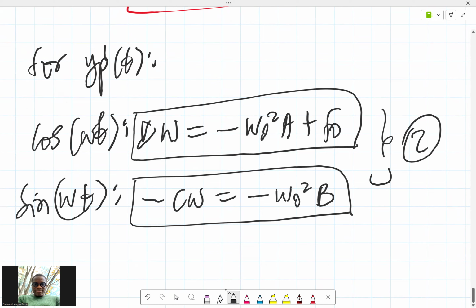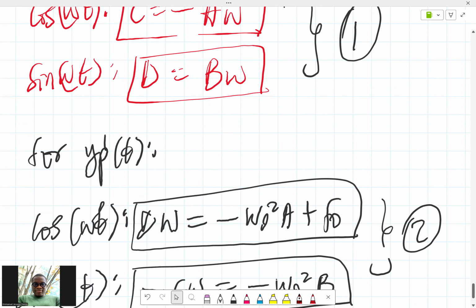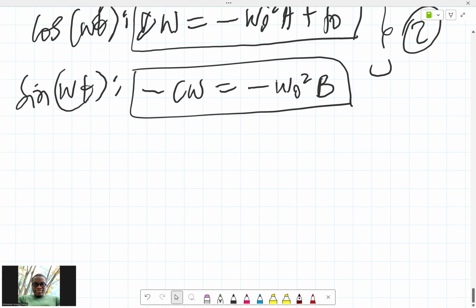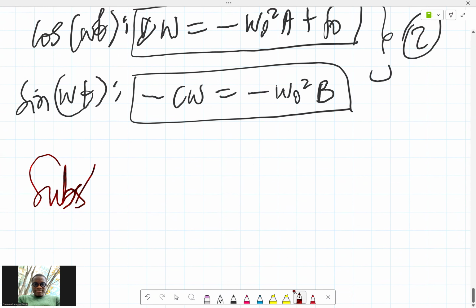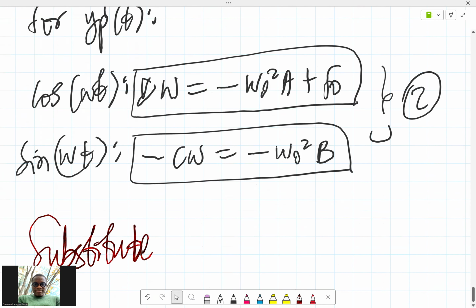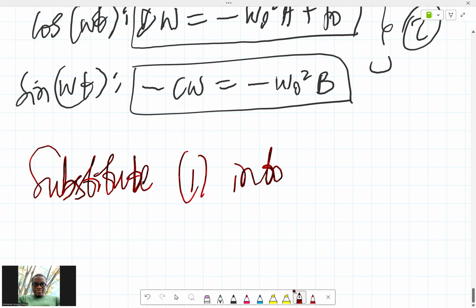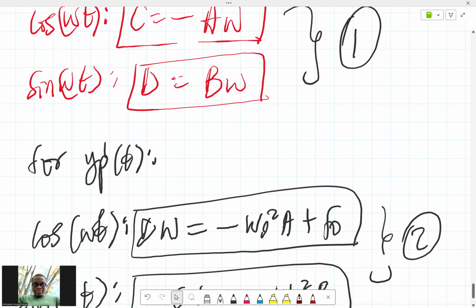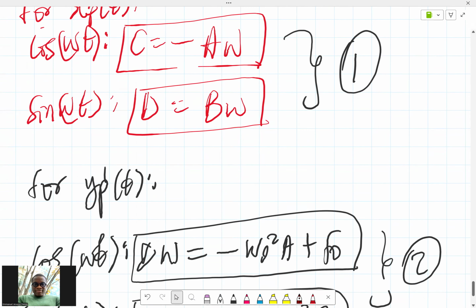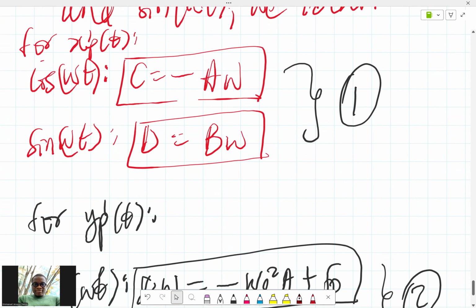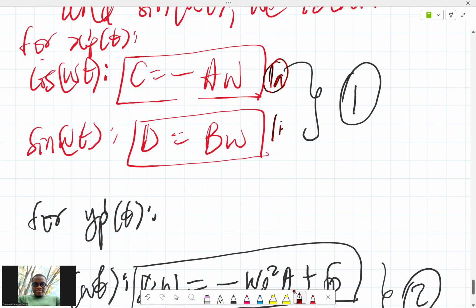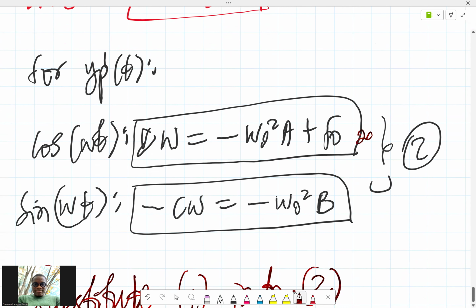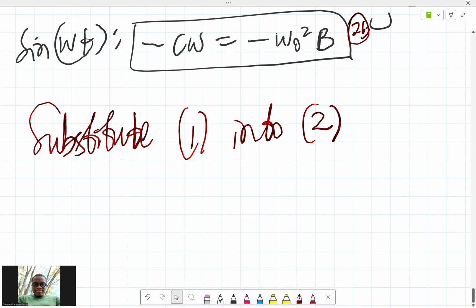So we substitute 1 into 2. Whatever D is here is b omega, so we just bring b omega for D. Okay, this is 1A, this is 1B, this is 2A, this is 2B if you like.